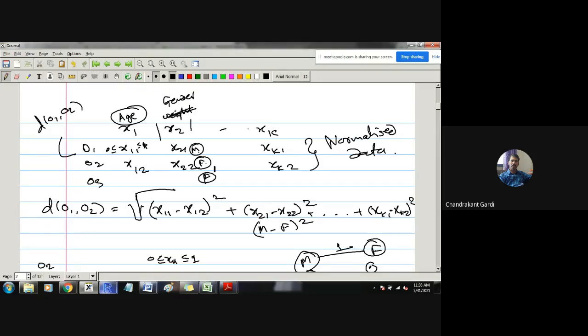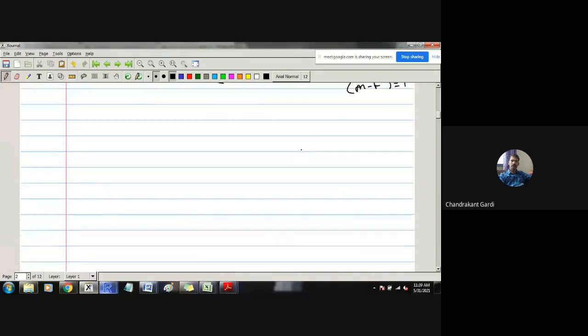When your data is normalized, the maximum difference you can have is plus or minus 1, and therefore we are taking this distance to be plus 1. If the two categories are the same, male and male, then the difference will be 0. Similarly, if the categories are female and female, then the difference will be 0. So this is one thing.